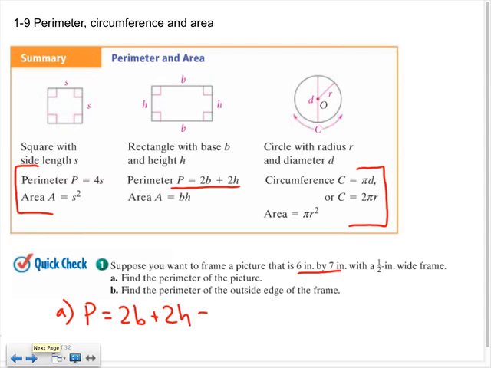It's sort of arbitrary as to what you set as being the base and what you set as being the height. So I'll make 6 inches the base and 7 inches the height, so that when I plug those into my perimeter equation, I get 2 times 6 plus 2 times 7. That's 12 plus 14, or 26 inches. Notice that I do want to provide the unit since I'm given one.